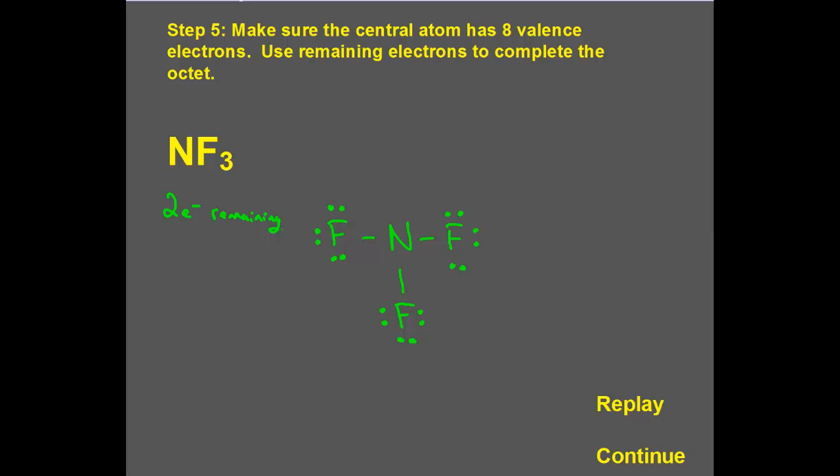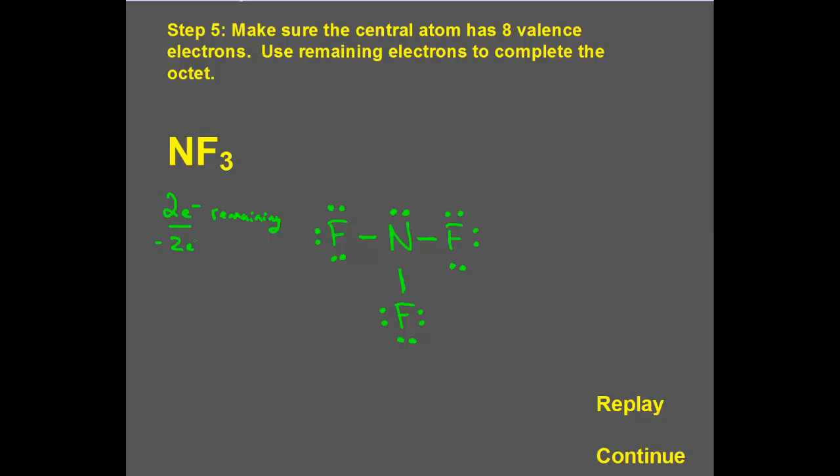That's why things bond, is to have a stable configuration, and 8 is that number. So we're going to use any remaining electrons to get 8 around our central atom. And as you see, nitrogen, our N, has 2, 4, 6 in bonds. And thankfully, we have 2 electrons remaining, so we'll just place those, 1, 2, around our central atom.